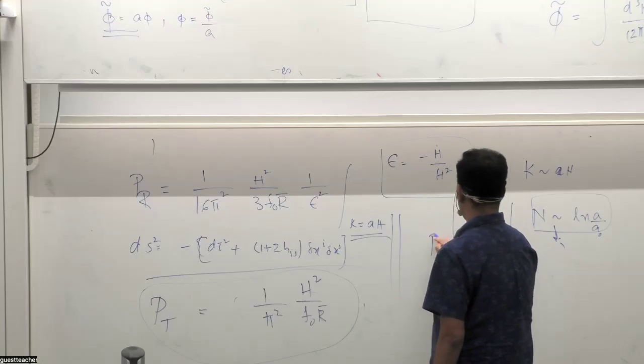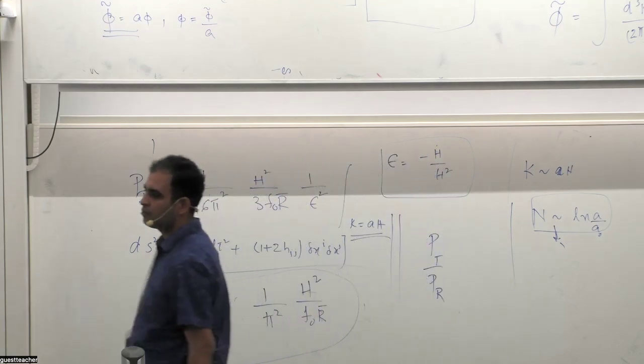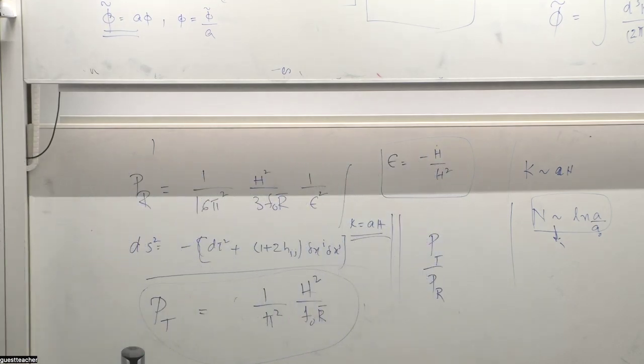And then this is the observable. Luca mentioned at the end of his talk the ratio of tensor to scalar power spectrum. It is expected to be much less than 1 because the scalar field is the dominant field during inflation, so it produces more fluctuations than the tensor.